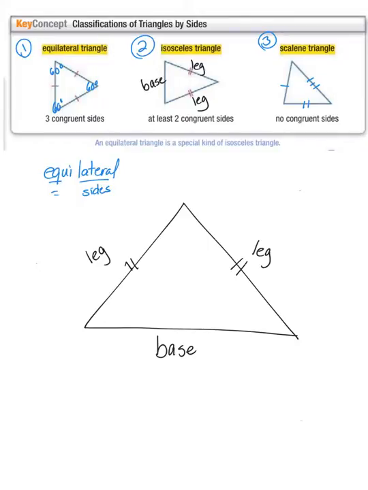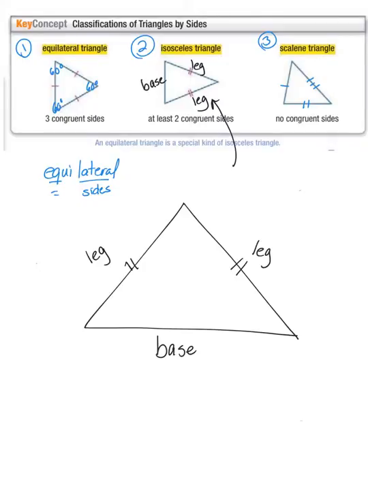Remember, we don't call it the base because that's the part that the figure is sitting on. You can tell from this example here, the base is the side that is not congruent to the other sides. Okay, so don't get confused that the base must be the side that the triangle is sitting on. We have 2 legs that are congruent, and then we have the base.